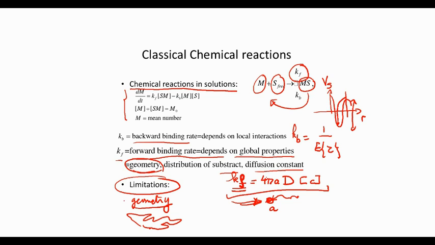So this is the limitation. The second limitation is that this is the mean equation for the mean number, so you cannot calculate any fluctuations. No fluctuations can be computed.